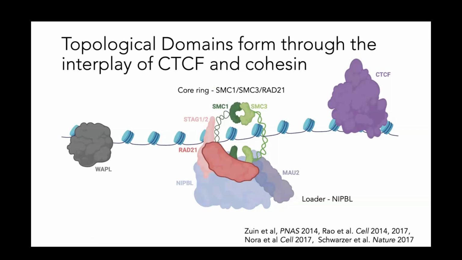At least historically, they were thought to load cohesin onto chromatin, though there's recent evidence that they are also critical for its process of actually traversing or extruding along chromatin. And cohesin is opposed by two proteins. One is WAPL, which kicks it off of chromatin, and the other is CTCF, which doesn't kick it off, but essentially stalls it from progressing along a chromosome.